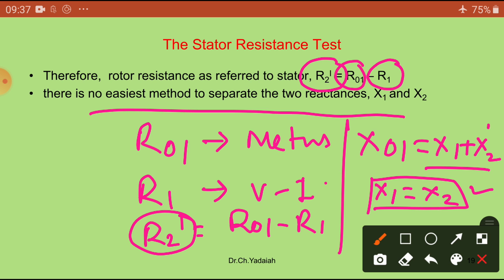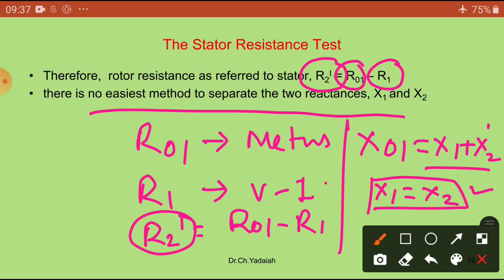These are the 3 tests essential to know the parameters of an induction motor, whether it is a slip ring induction motor or a squirrel cage induction motor. So in the squirrel cage induction motor, this is the method. So how to do it for the slip ring induction motor, sir? It is only a simple thing.